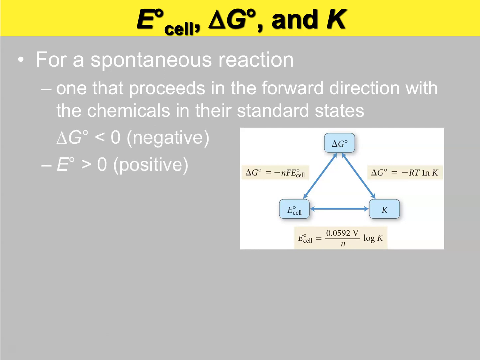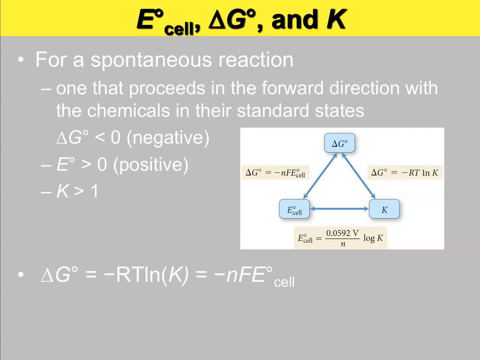It's not a negative cell potential; cell potential must be positive. And with equilibrium, not a negative equilibrium constant, it has to be greater than 1. All three of these things correspond to a spontaneous reaction or process.